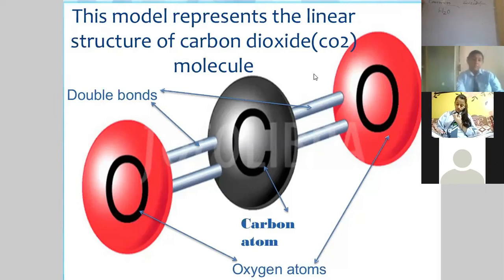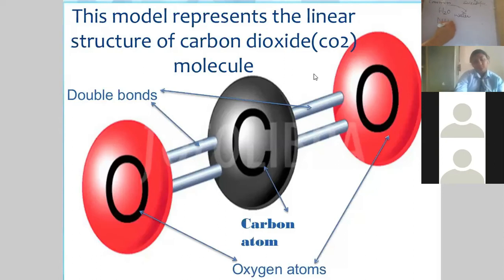It is named by the common name only, which is water. Similarly, NH3: we don't call it nitrogen trihydride, we call it ammonia. So this is how we can name molecular compounds.